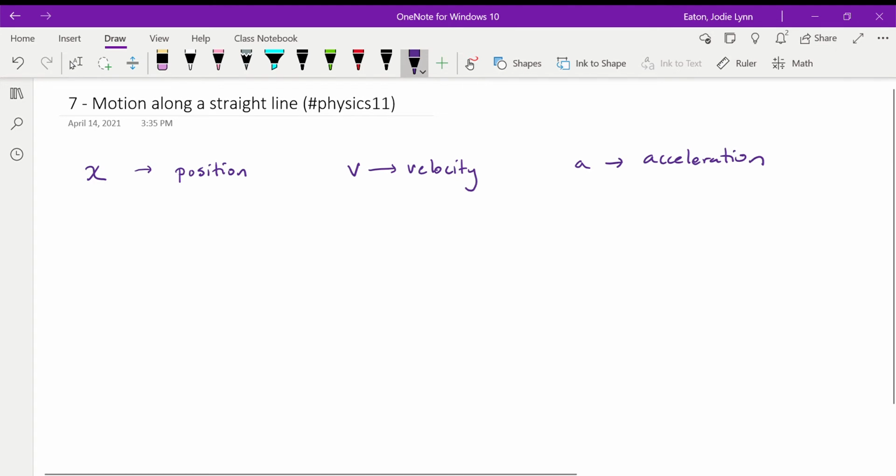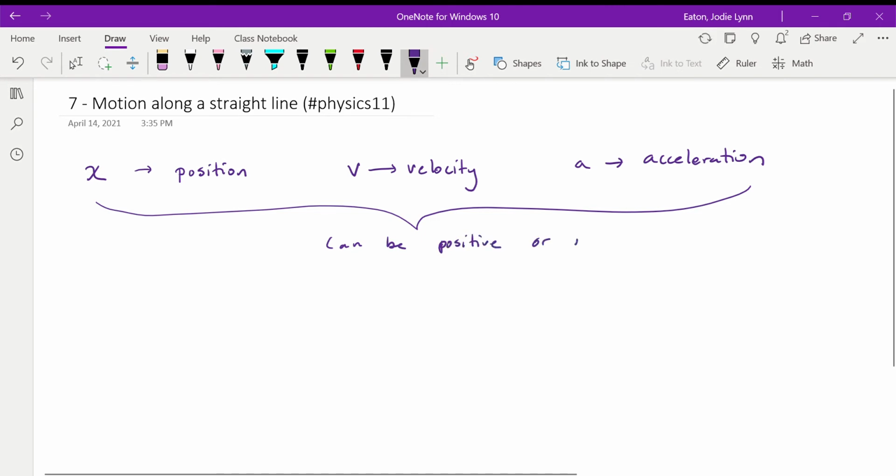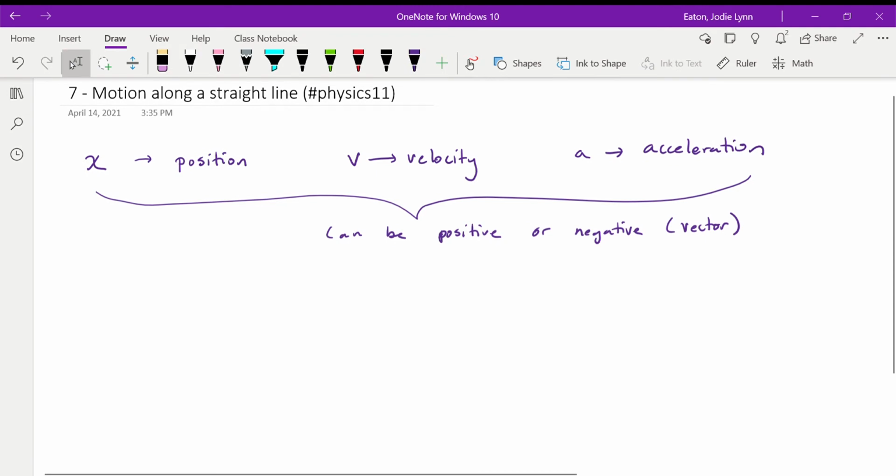And we consider these to be vector quantities, which means that sign matters, and all of these values can be positive or negative. Okay, which differentiates them from distance, speed, and acceleration taken as a scalar, which is just how fast you're accelerating, not with any respect to what direction you are going.